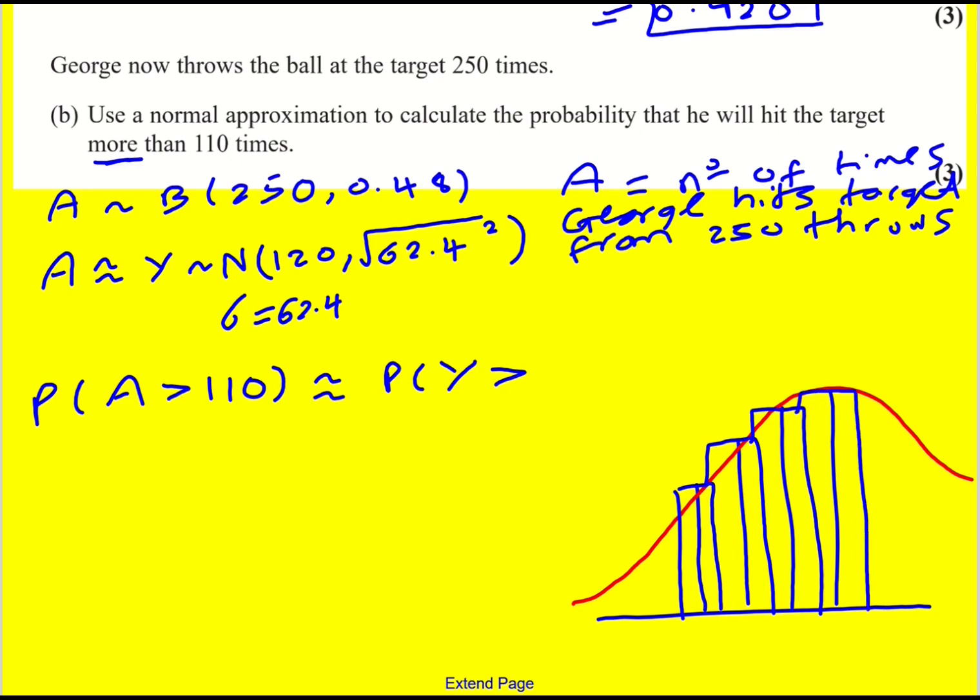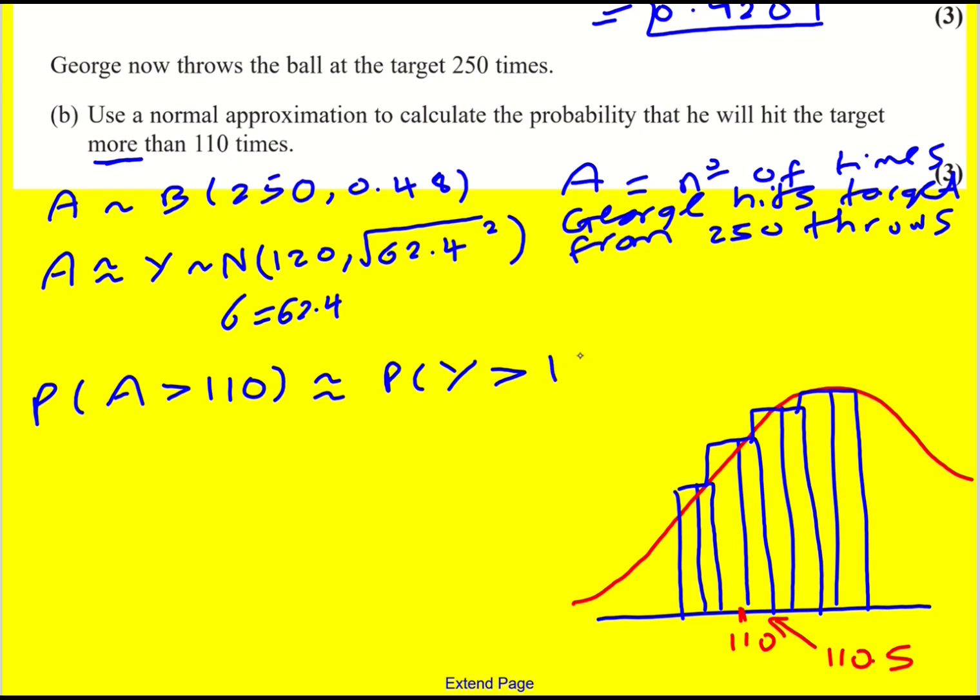So I want the probability that A is greater than 110. So this is like the very center. I broaden them out so I get an area, basically, for my binomial, rather than just a height. I want it to be greater than 110, so actually I don't want to include this bar, which means with my continuity correction, I'm going to go greater than 110.5.